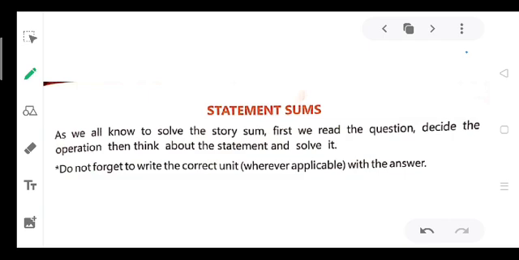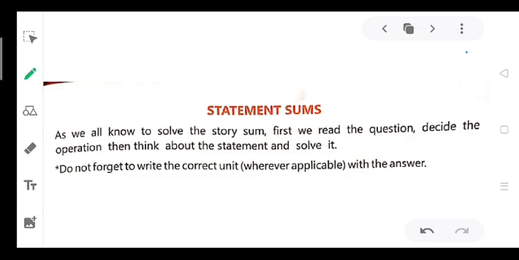So our first step is, when statement sums are in front of you, we have to read the question very carefully. If we are not able to understand once, then we will try to read it twice, even thrice also. In the starting, you can read one time, two times, and even three times also, until the concept is totally clear to you.